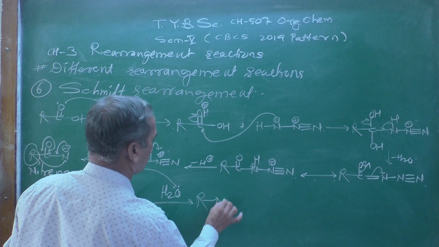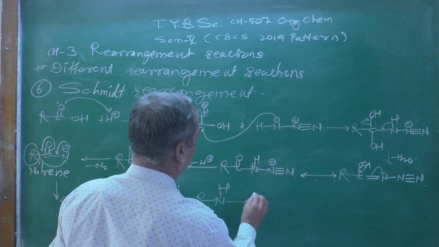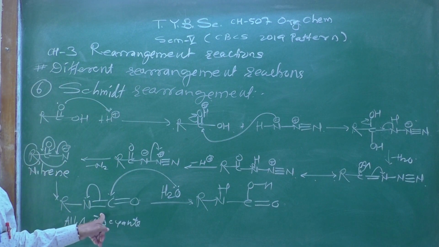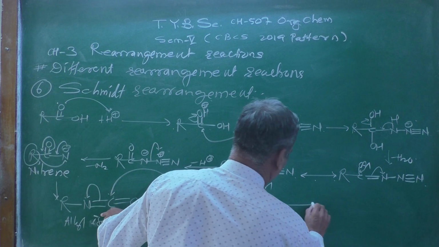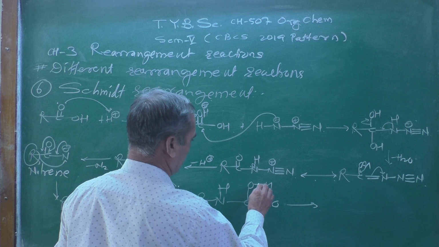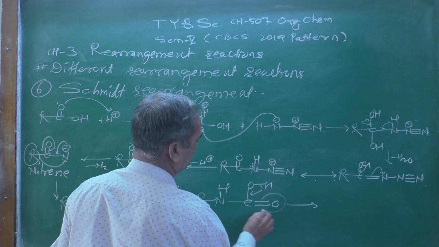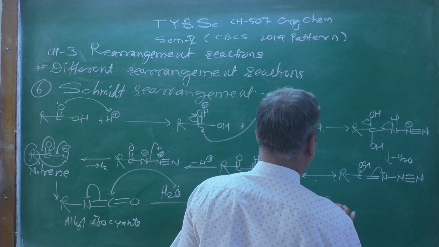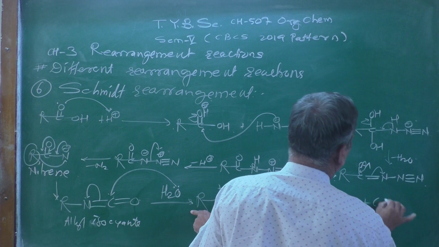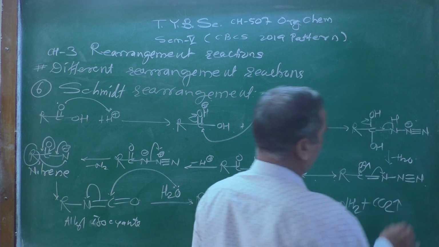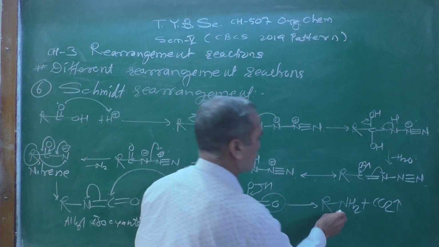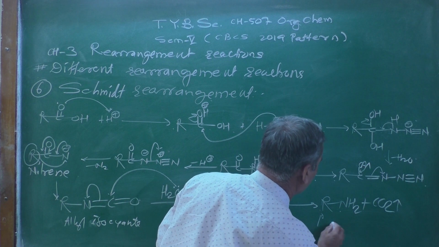We are getting R N H, then C here OH. This is a carbamic acid we are getting over there, and that carbamic acid is very unstable. There is an evolution of carbon dioxide, and we will be getting R NH2 plus CO2, which is in the form of gases that go in the atmosphere, and the compound which we are getting is a primary amine.